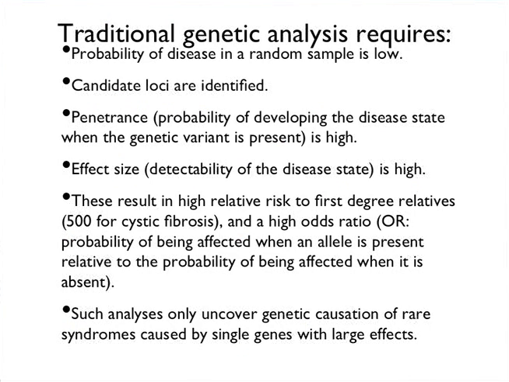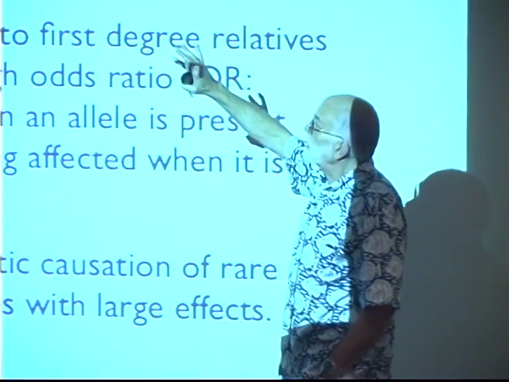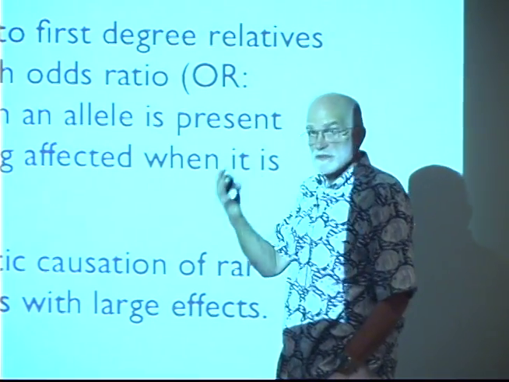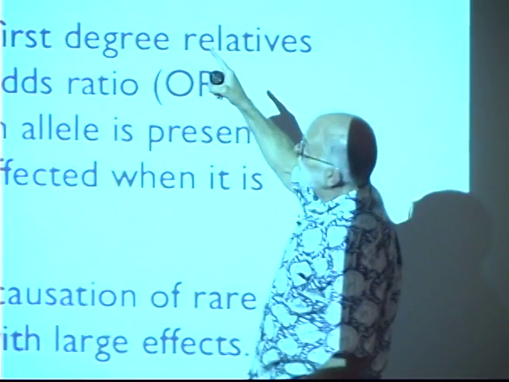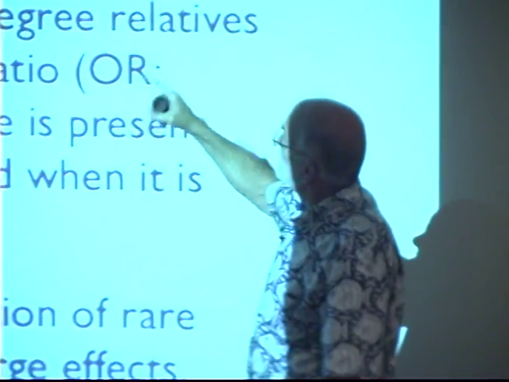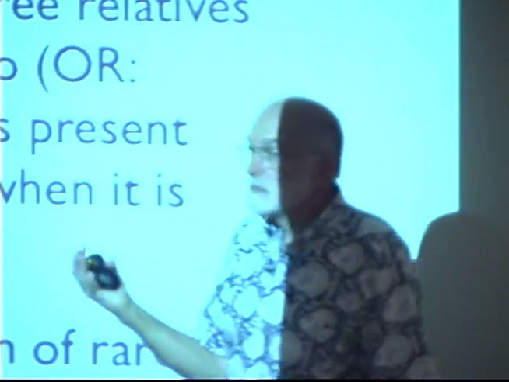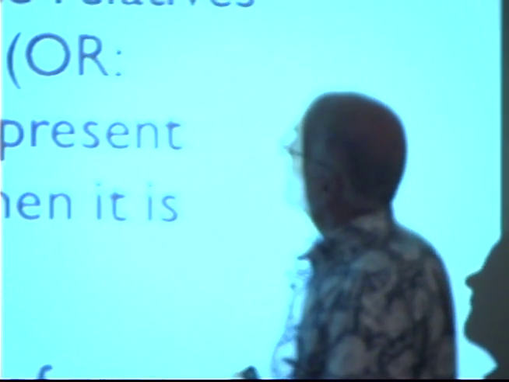Okay, so if you do a traditional human genetic analysis, the probability in a random sample of a disease is low, so candidate loci have been identified by a long history of sampling large populations. Those kinds of genes have high penetrance. That means that the probability of getting the disease when you have that genetic variant is high.